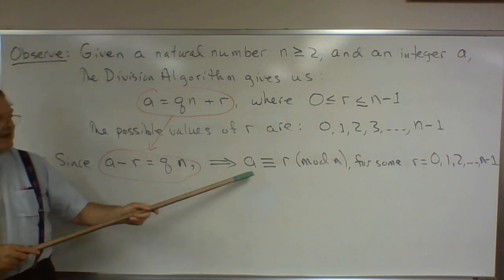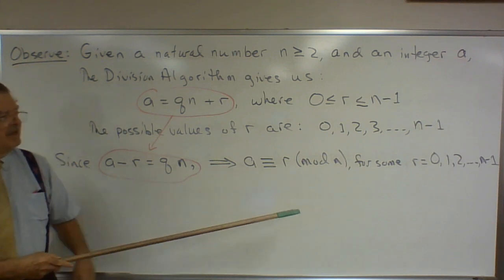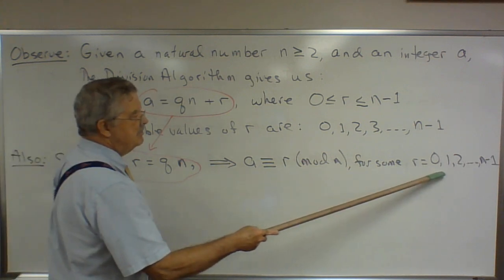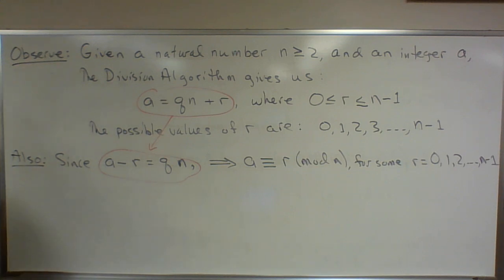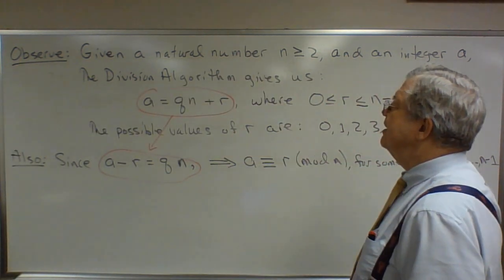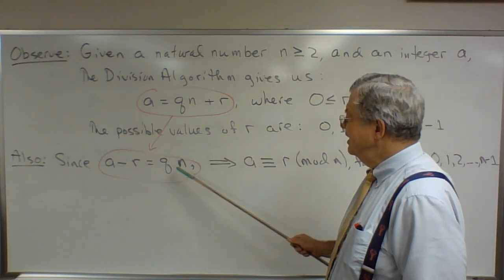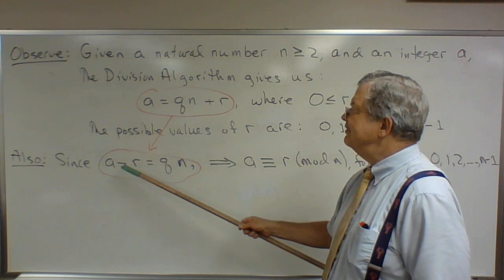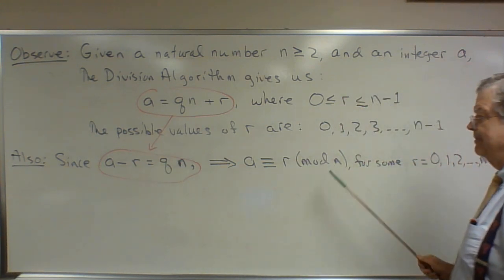And that means that a is congruent to r mod n for some r between 0 and n minus 1. Okay. I'm sorry, this means that a is congruent to its remainder, modulo n.